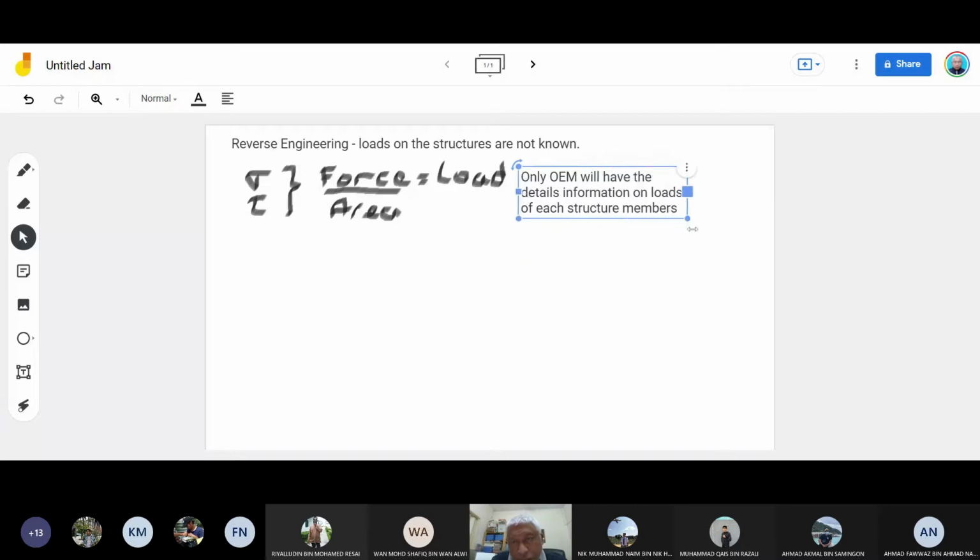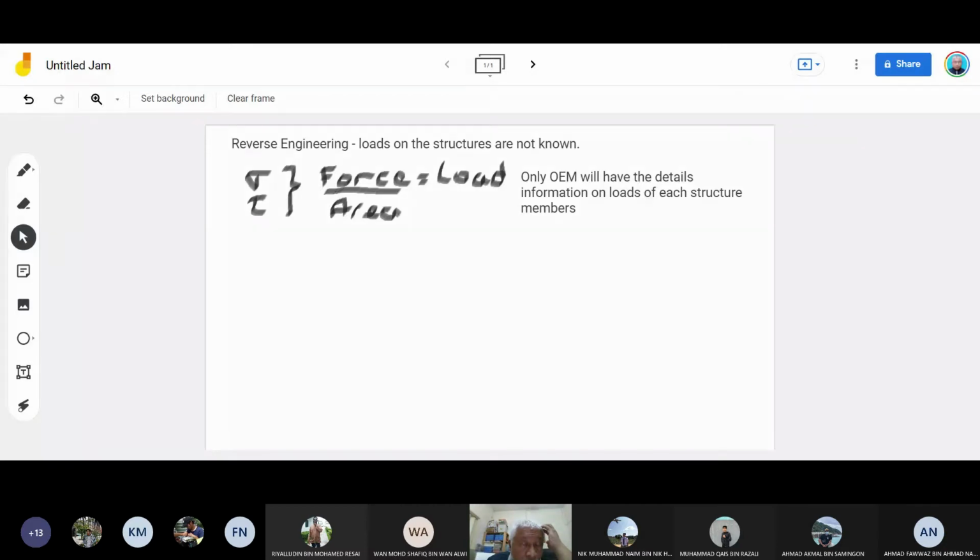If you know, the OEM are the ones designing the aircraft. They have the information on every piece of the aircraft structure in terms of load, stresses, factor of safety, margin of safety, everything. And also they show you in the manual.